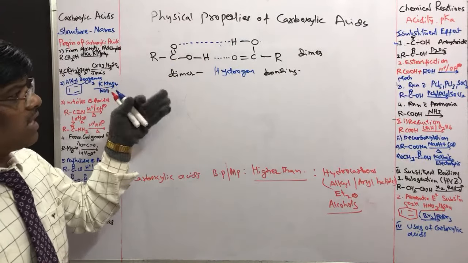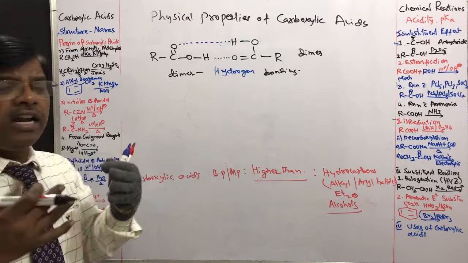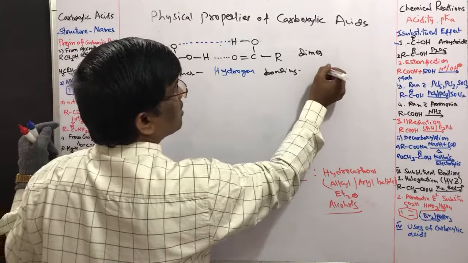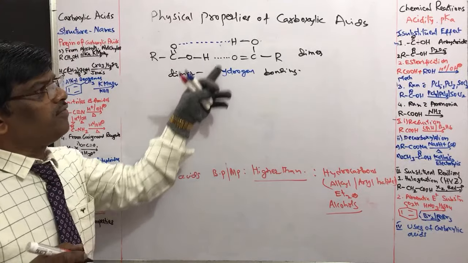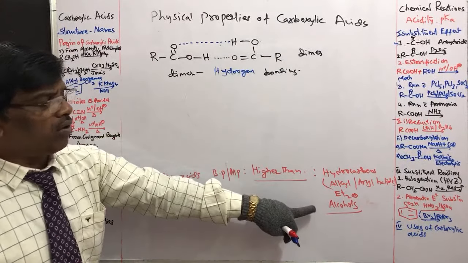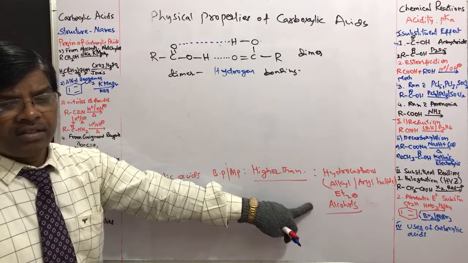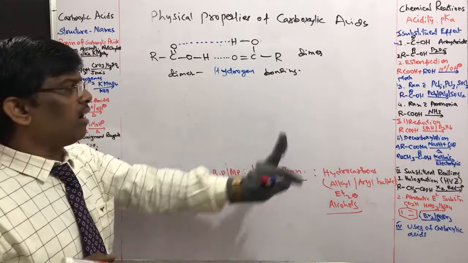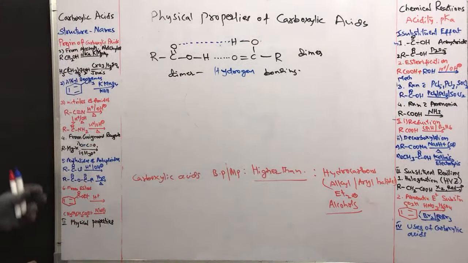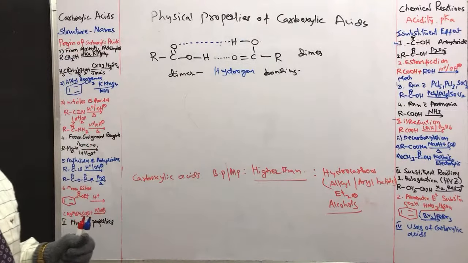So it is tightly hydrogen bonded. Irrespective of concentration, this hydrogen bonding is going to exist and it is very strong when compared to alcohols. That is why the boiling points of carboxylic acids are higher than alcohols. So these are the important points of physical properties, students.